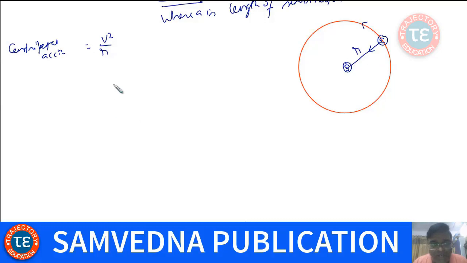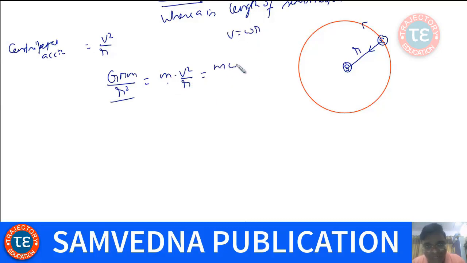And what is the force in the radially inward direction? The force is GMm by r squared equals mass into acceleration. That's Newton's second law. This is the net force acting in the radially inward direction. And in a circular orbit, v is equal to omega r.